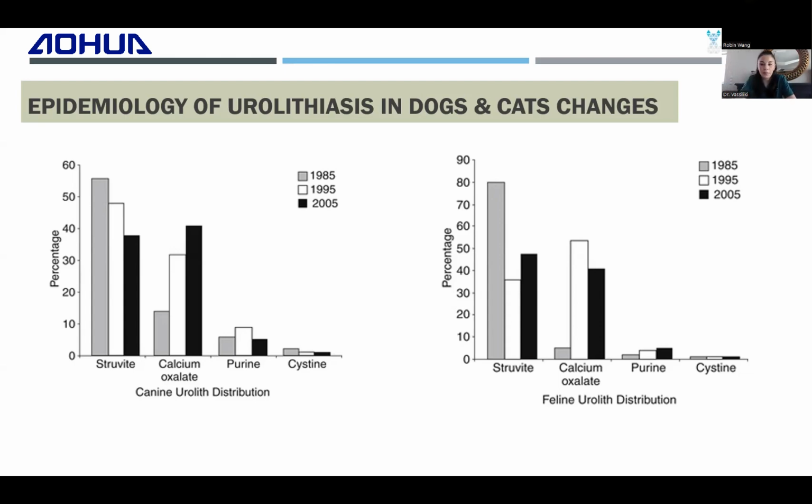Okay, this is one explanation that I can think of. And the same happens in cats as well, with a more pronounced lowering of the struvite uroliths and increasing of the calcium oxalate uroliths.